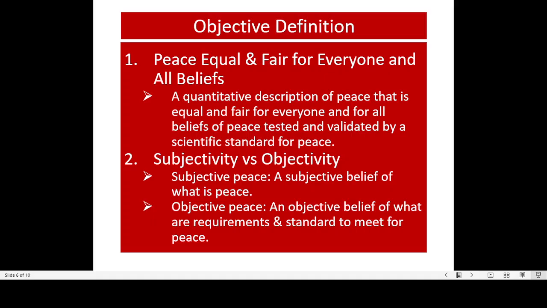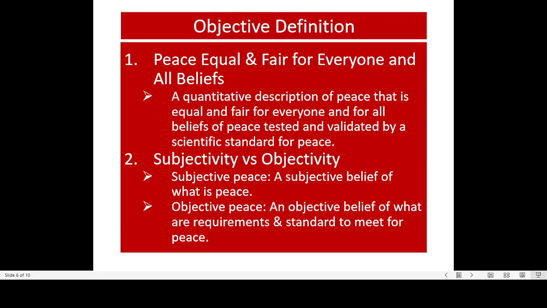So the method is clearly required here for quantitative description. And the purpose is clear: equal and fair for everyone and all beliefs. And scientific standard for peace is required.